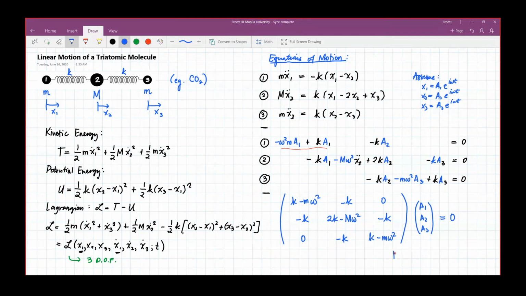So this is of the form K a equals 0, and this can be solved when we set the determinant of K equal to 0.